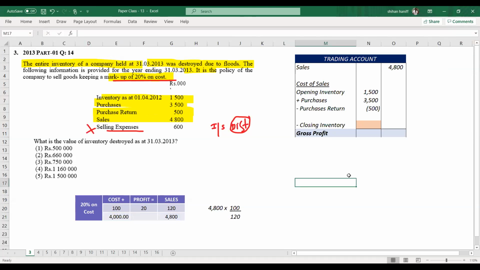So cost of sales is 4,000. Cost of sales is 4,000. Right, this is 4,000.